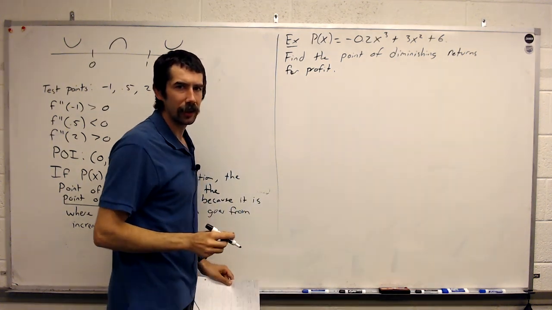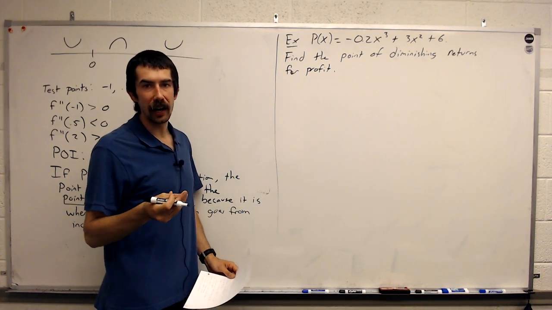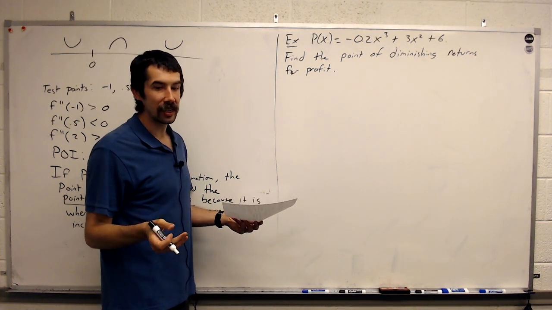Okay, so how do we do this? We want to find the points of inflection on this graph. It's as simple as that.